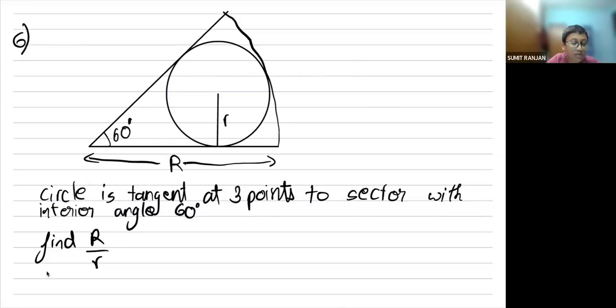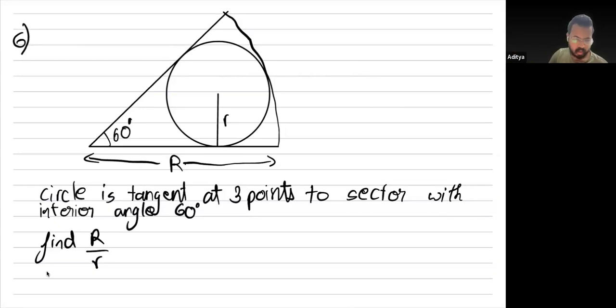Now is it correct? Sumit, not correct. The crucial construction required here is that the points of tangency of these two arcs and the centers of these two circles are actually collinear. First, use this fact blindly.